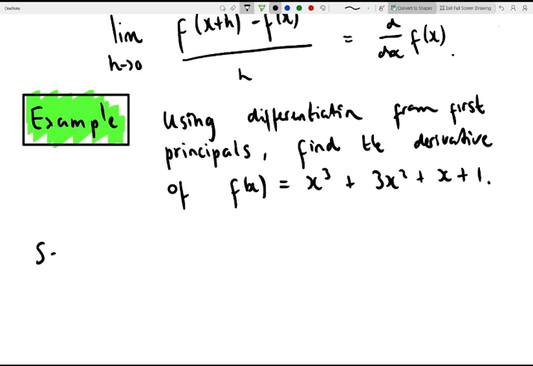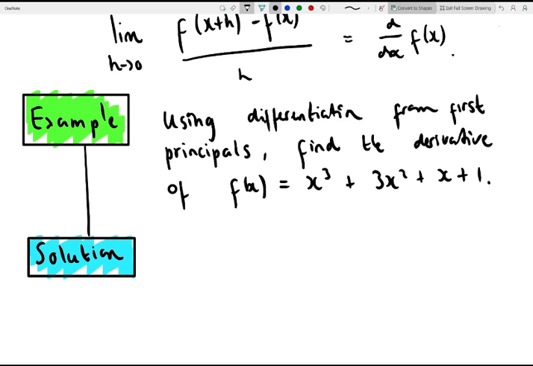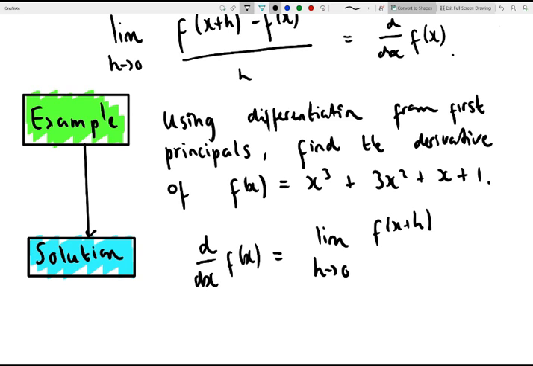And our solution to this: if we recall the formula, we're trying to find the derivative of f of x with respect to x. So we need to calculate the limit as h tends to 0 of f of x plus h minus f of x all over h.